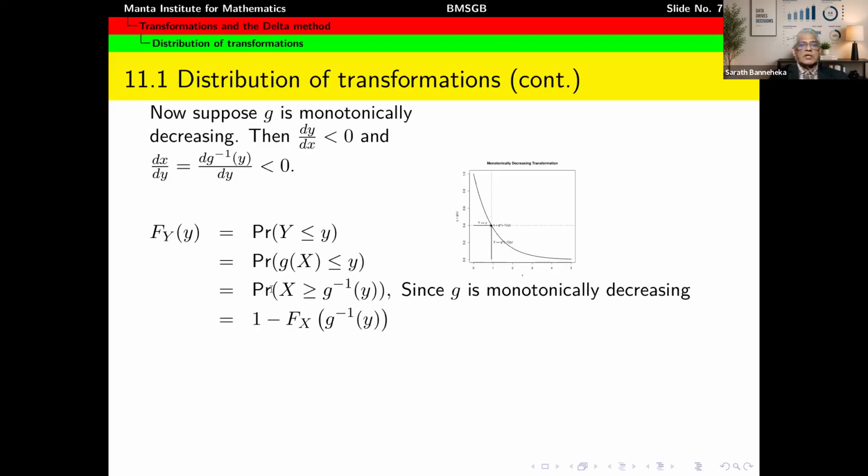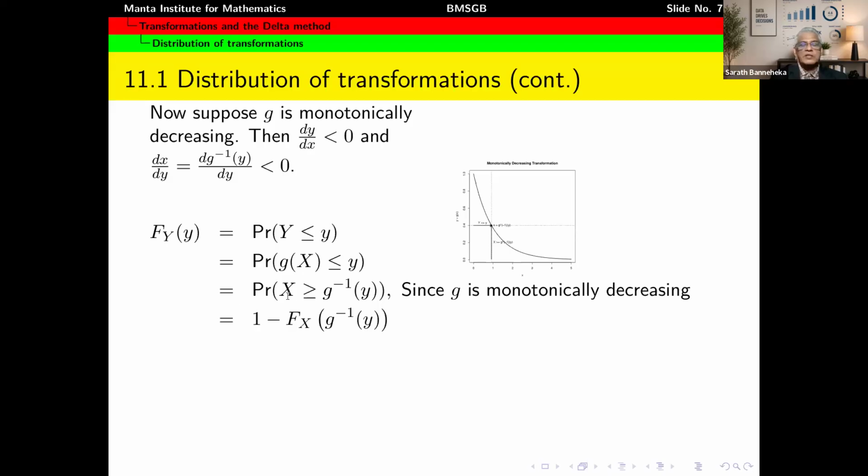Right. But the probability x greater than or equal to g inverse y is the same as 1 minus the probability x less than or equal to g inverse y. You can still include the equal sign here because these random variables are continuous. So after this, we can write down one more step if you want.